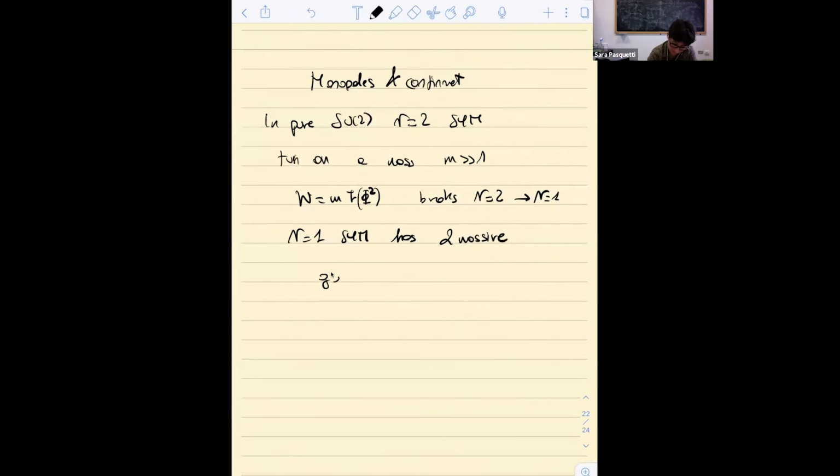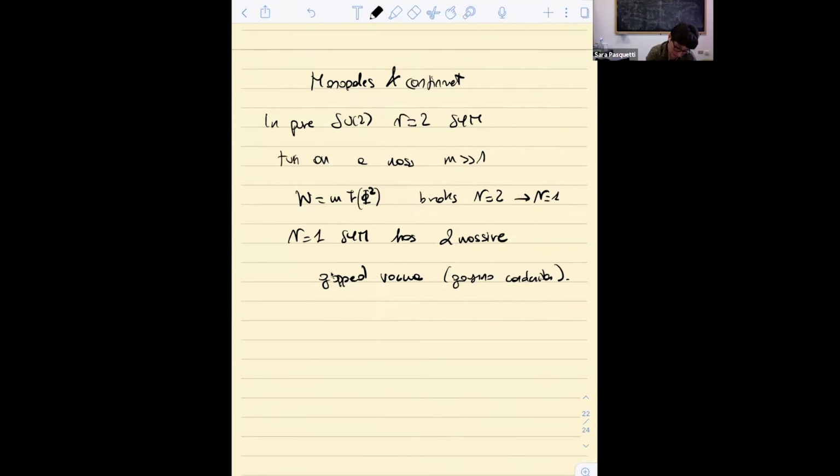Gapped. Remember the story with the gaugino condensation. So in this phase, when we break to N=1 super Yang-Mills, we have confinement, and the theory has a gap. So there are no massless states left, basically because the non-abelian gauge boson is forming these gluonic fields which are massive.